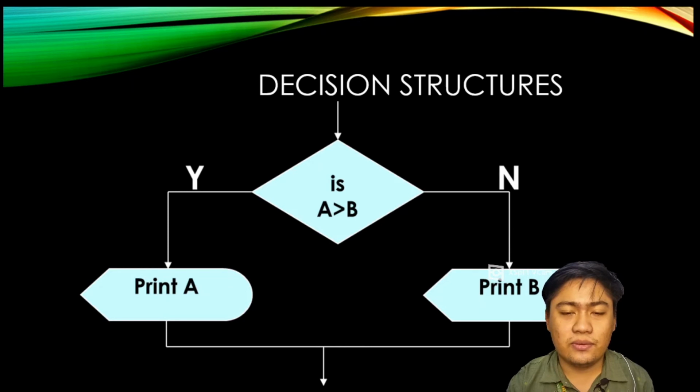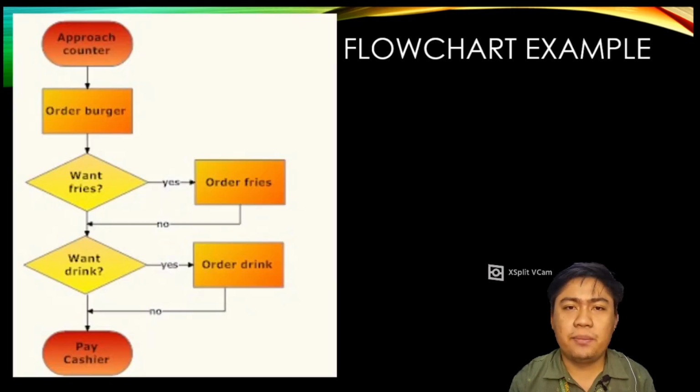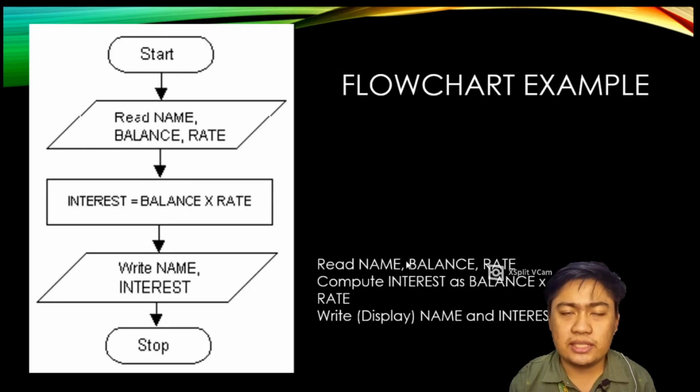So we said earlier that if A is greater than B is true, we will take the action on the left and print the value of A. Then if A is greater than B is false, we will take the action on the right and print the value of B. So that's the example of the decision structures. These are examples of a flowchart. And this one also is an example of a flowchart.